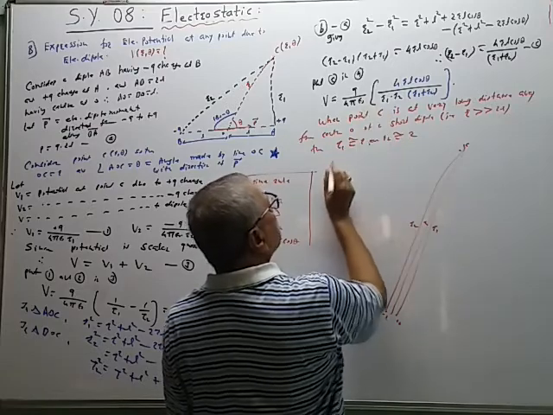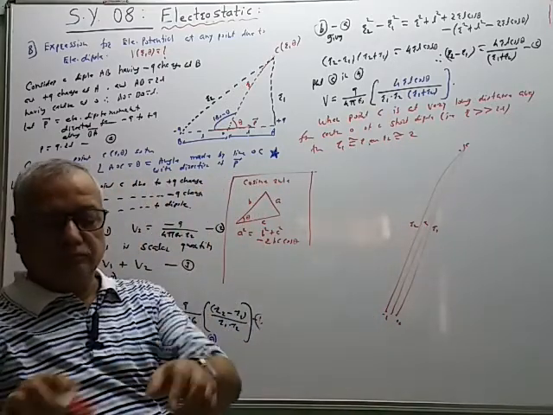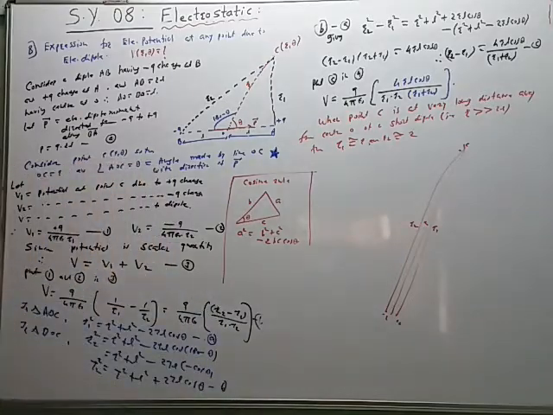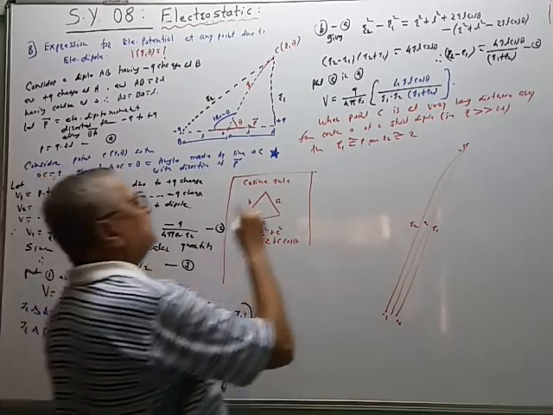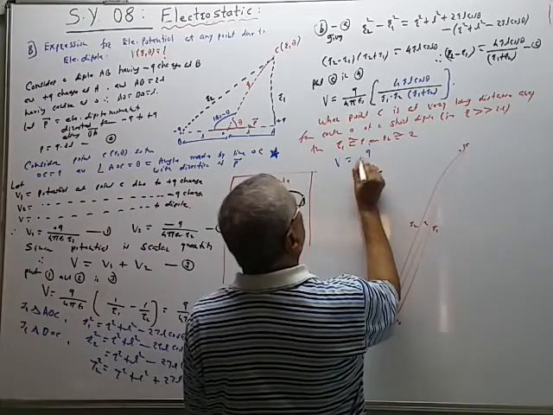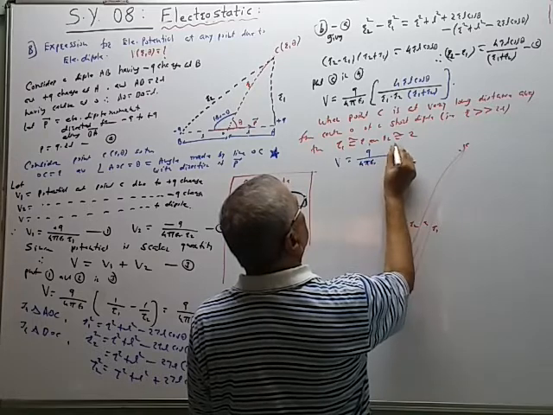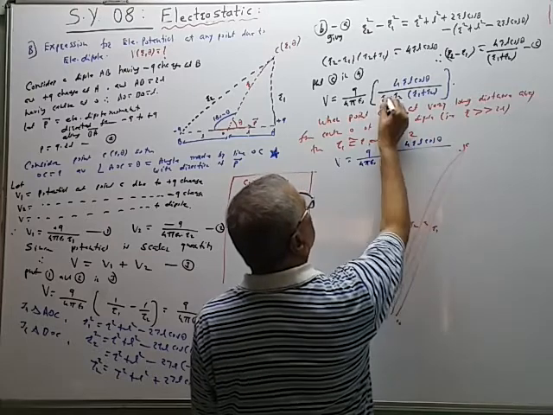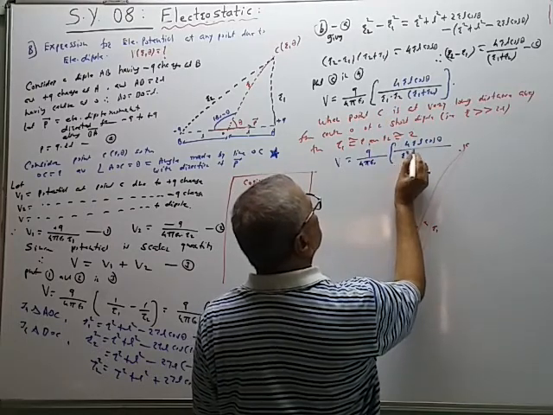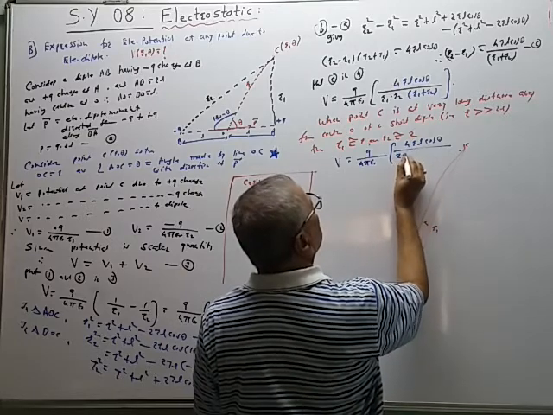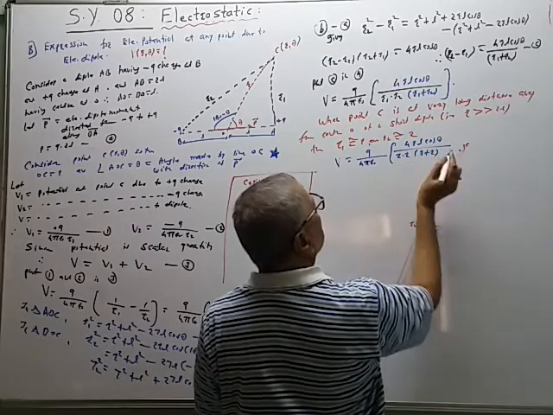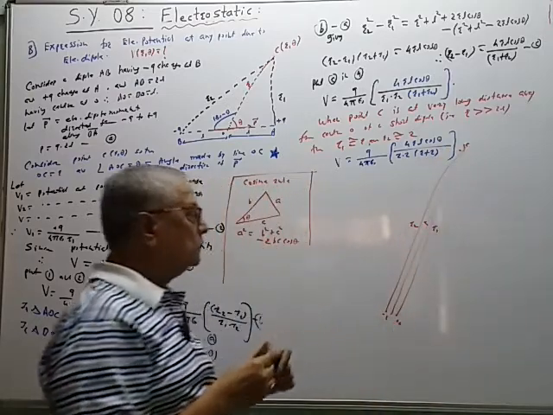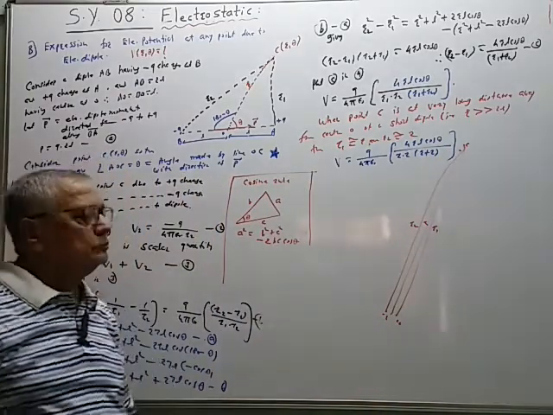So using this approximation, V is equal to Q upon 4 pi epsilon naught into bracket 4 RL cos of theta upon R1 and R1 both are R, so it will become R square, or you can write it as R into R plus R times.